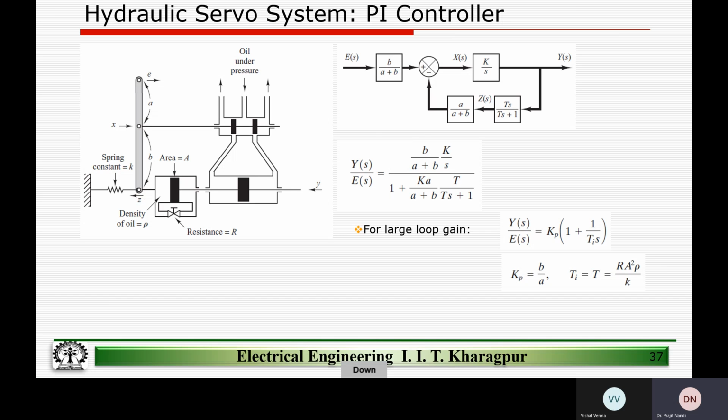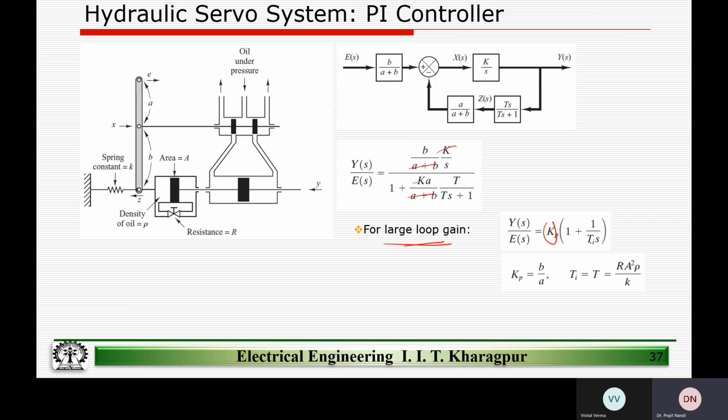Again, going with the same logic, for a large loop gain, when this guy is large, A plus B will get cancelled, K will get cancelled, and B and A will stay, which is Kp.